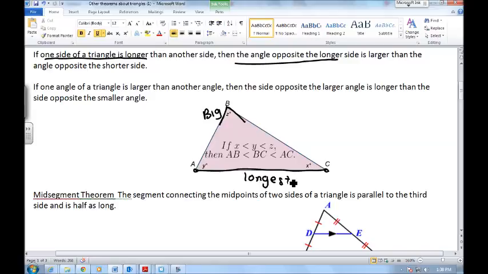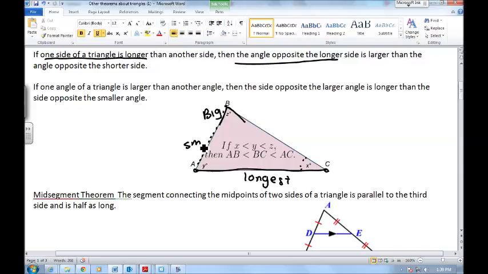If we choose the smallest angle, say angle X, I'll mark angle X with the dotted line because I can't change the color in the Word document. Angle X is the smallest angle, so the side across from it would be the smallest side.